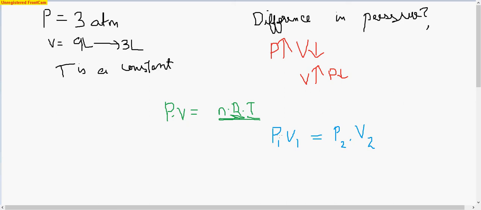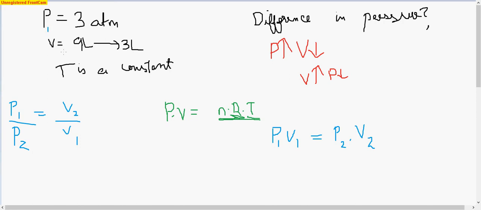Now we can also change this equation as P1 by P2 is equal to V2 by V1, right? Now we have the value of P1 and P2.